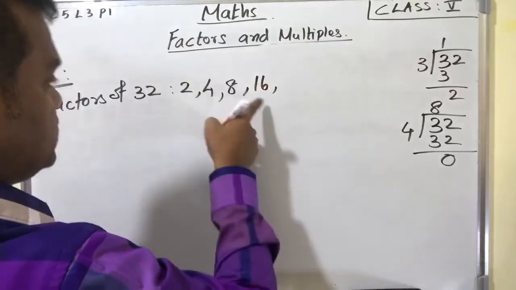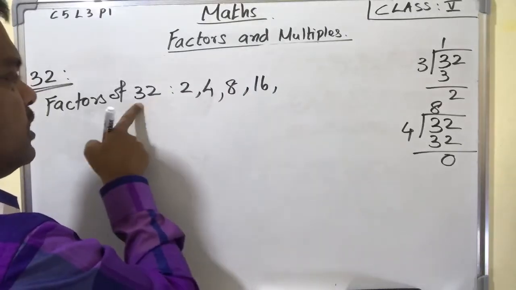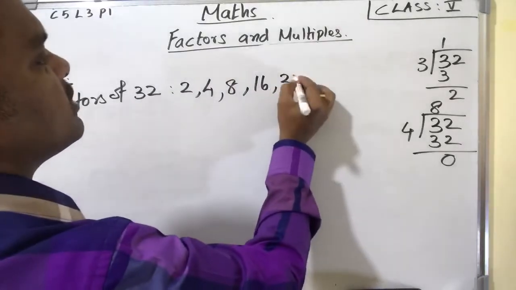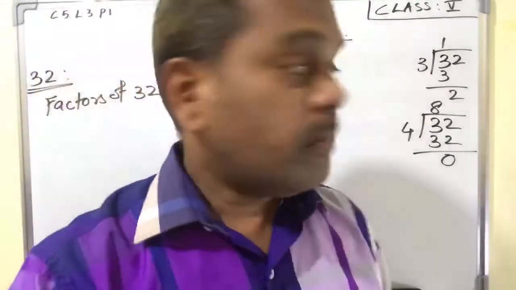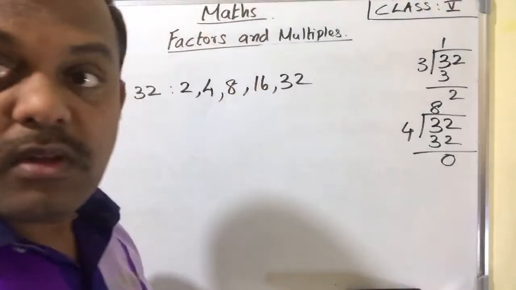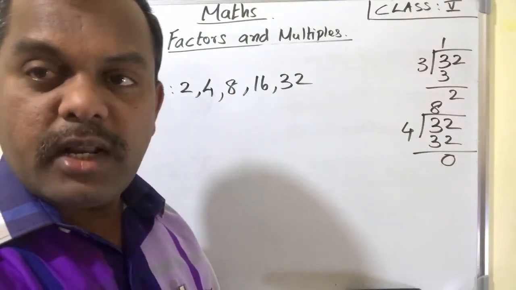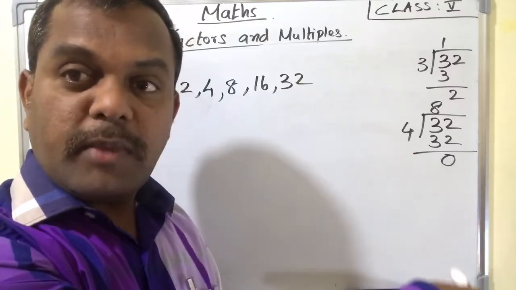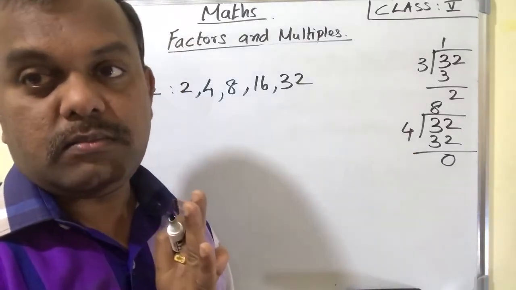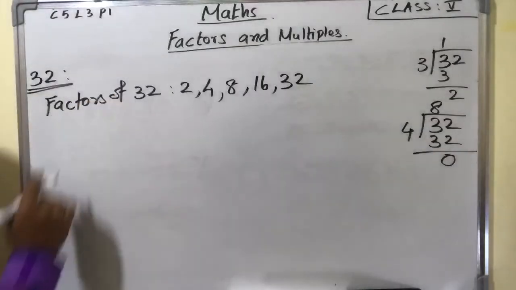Then 16 is half of 32. I told you, if any factor is half of the number, next is the number itself. This one you have to check and write. Simply I wrote, but you have to check whether it divides or not. If it is dividing without leaving any remainder, that is a factor. If it is dividing and showing a remainder, that is not a factor. These are the factors of 32.